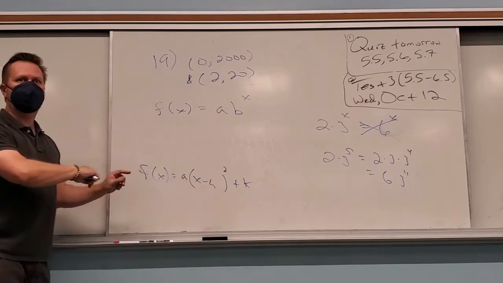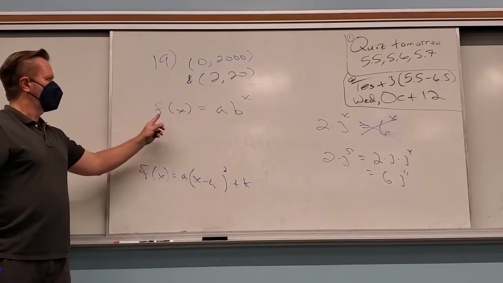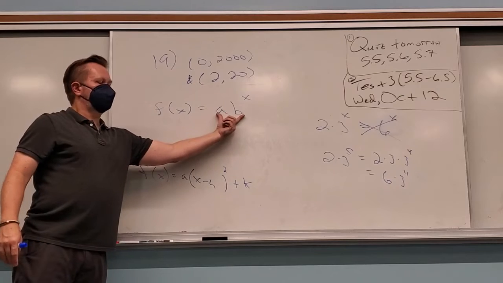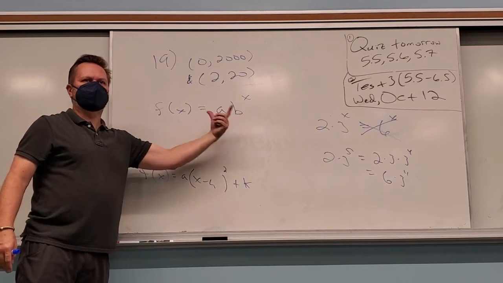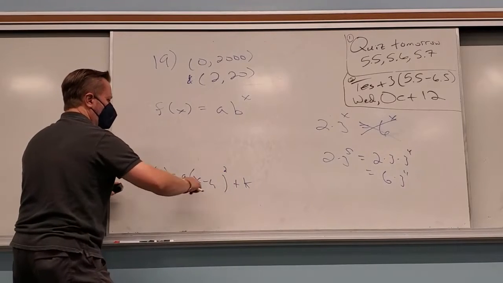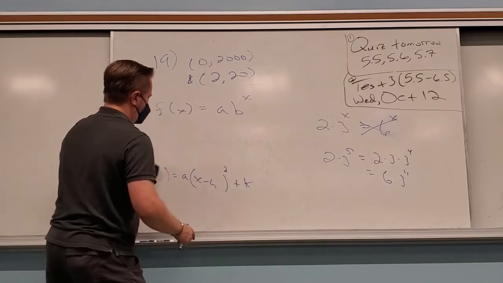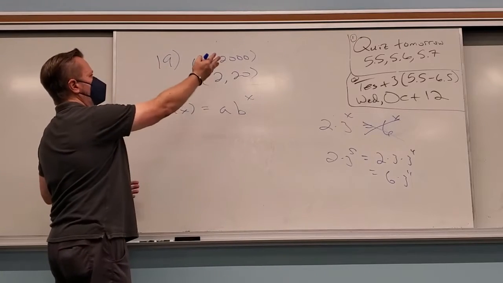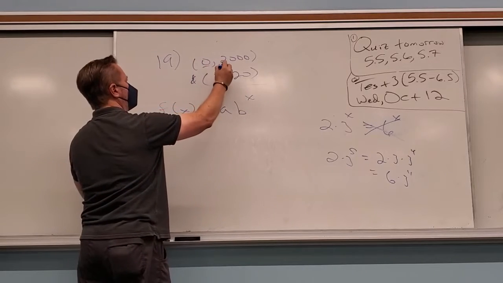The same way you have to be able to tell me this, you have to be able to tell me this. Every single exponential function looks like this. Every single parabola, every single quadratic can be put into this form. Okay. So, how does that help me with this? Well, what does this tell me?